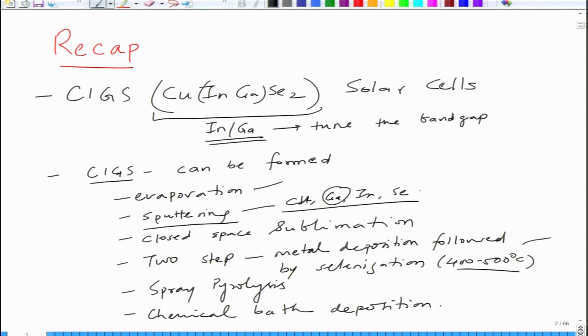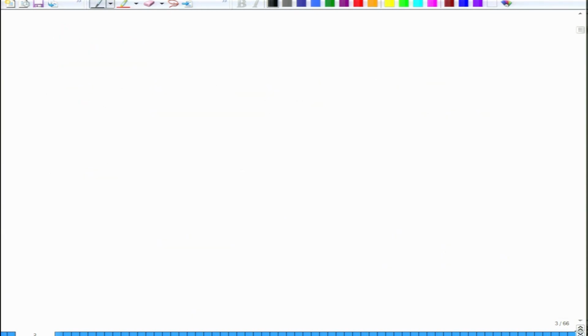Then when the plasma species reach the surface of the substrate, they react and form the compound. So, these are various processes by which you can synthesize CIGS.